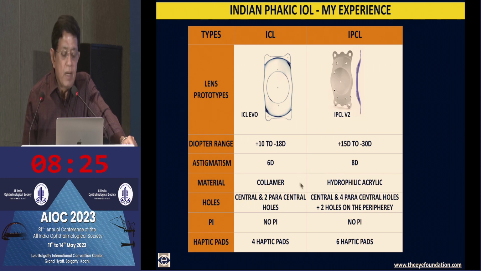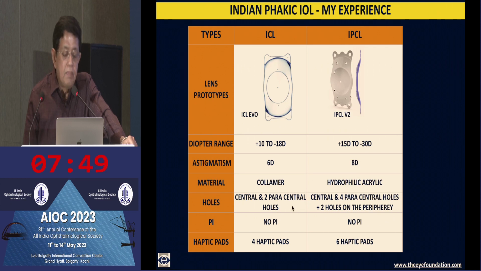This was one factor which kept me away from adopting IPCLs a little earlier, because collamer, the most biocompatible material as far as uveal biocompatibility is concerned, is what the ICL is made of, or rather it's a hydrophilic lens with a collamer coating on top, while the IPCL is made of the conventional hydrophilic acrylic material from which our intraocular lenses are made. But in our experience of using these lenses for the last 7 to 8 years, we have not found any incidence of excessive inflammation because of the material of the lens.